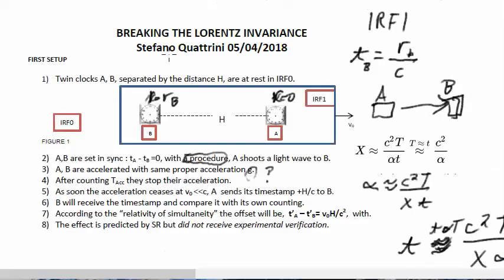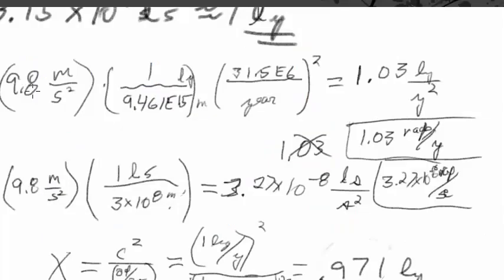Sorry I didn't spend more time just yet on Stefano Quattrini's approach. I just want to get my own ducks in a row related to how proper acceleration, which would be given in the delta rapidity, delta t. So 9.8 meters per second squared as g comes out to be 1.03 light years per year squared, or 3.27 times 10 to the negative 8th light seconds per second squared.